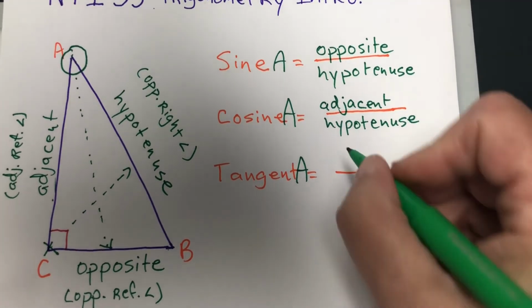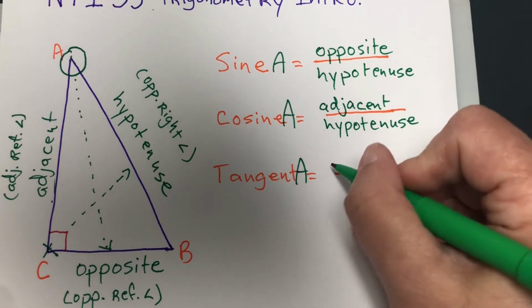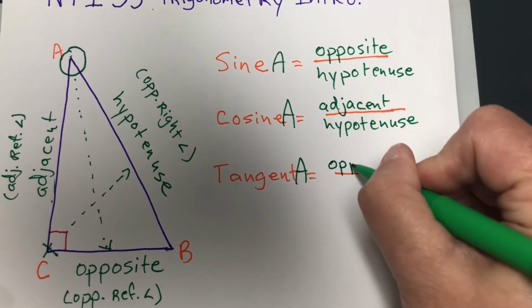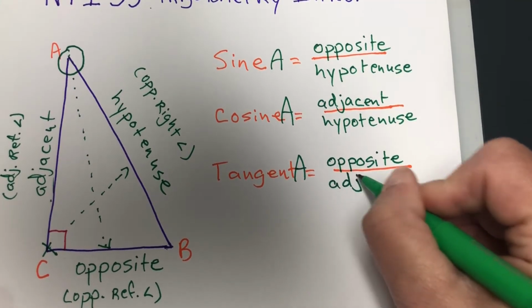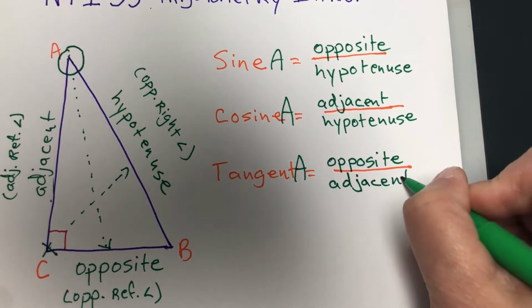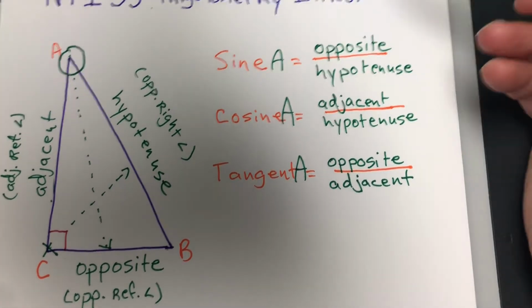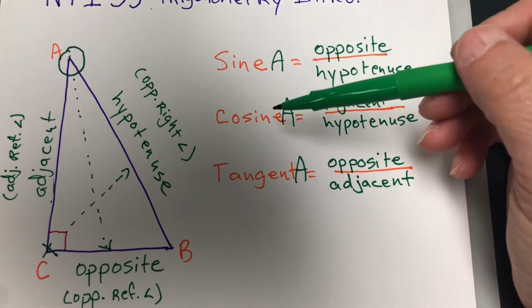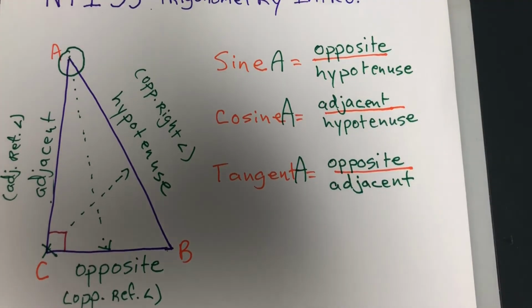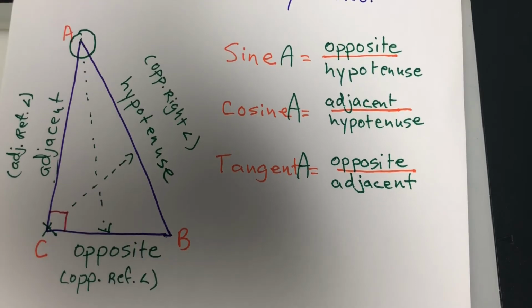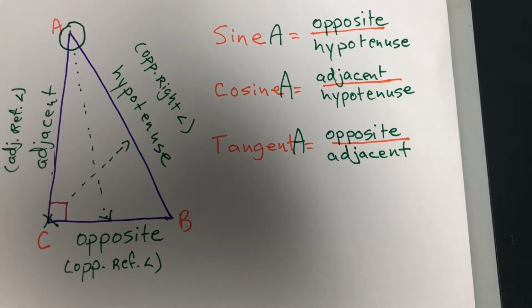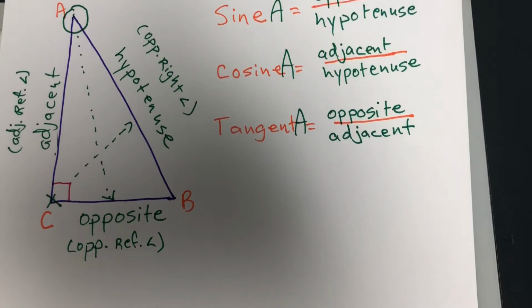And then tangent, again by definition, is opposite over adjacent. Okay, so this is the definition of sine, cosine, and tangent. They are simply the ratios of sides of your right triangle. Okay, so let's look at what that might look like in a problem.